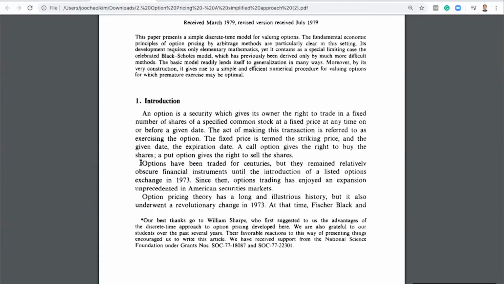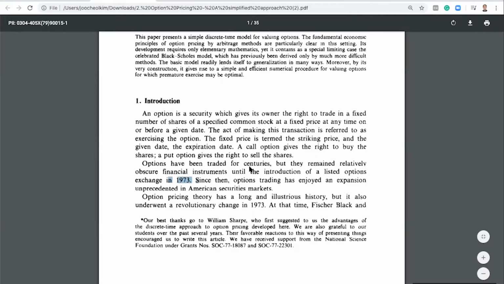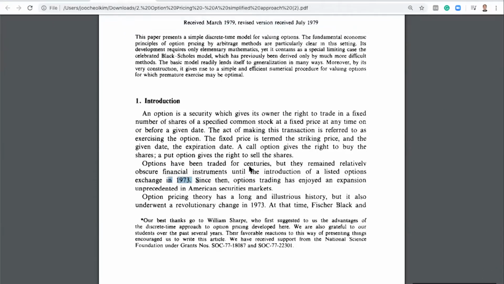They said, yes, options have a very long history, but usually ordinary people did not know about options, but it came to the world in 1973 by the introduction of the real exchange market for options, the official markets in the United States. And that year happens to be 1973.